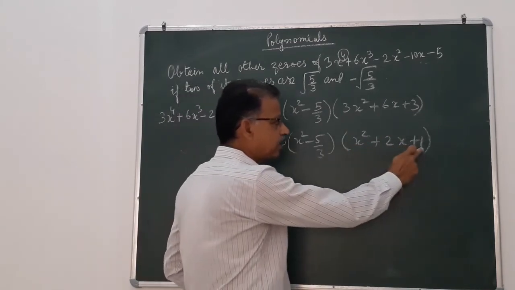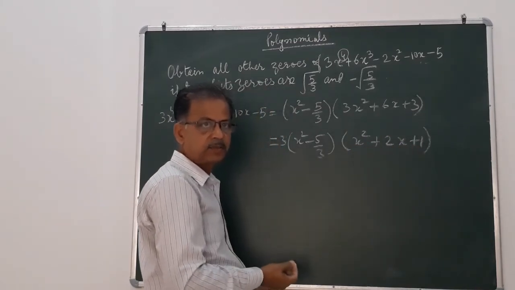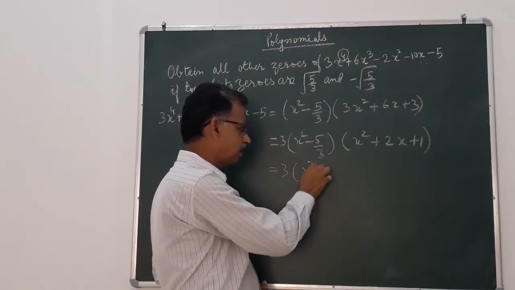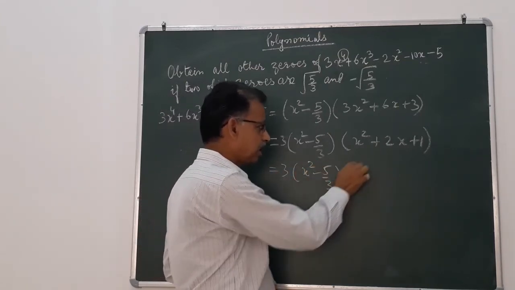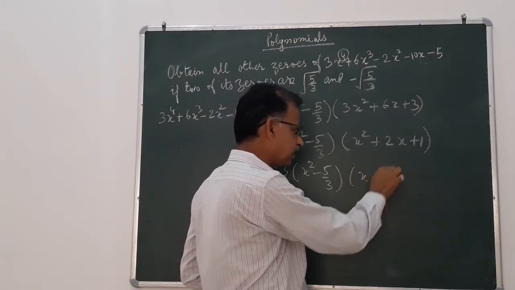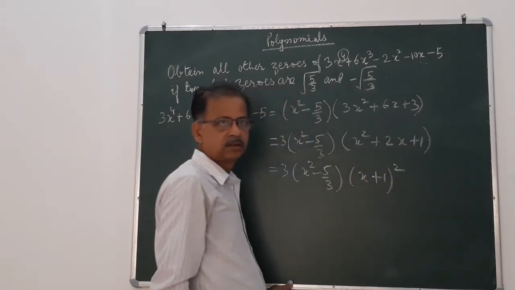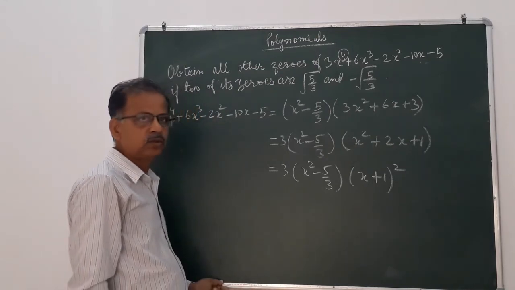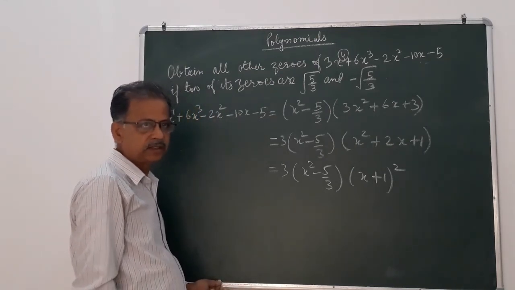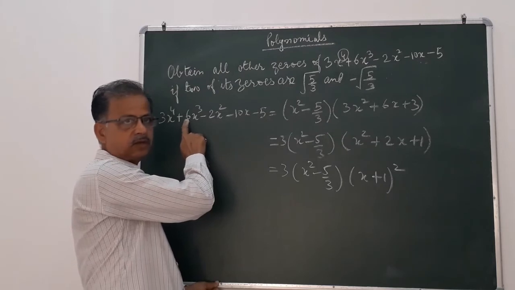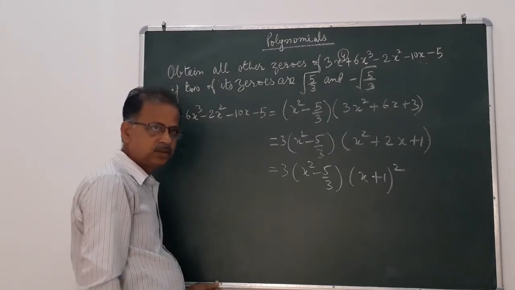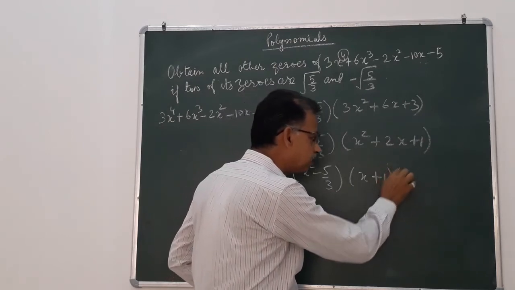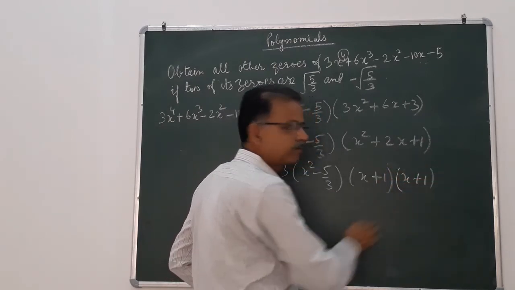So we can factorize by splitting the middle term, or we can write it as x plus 1 whole square. Now we want to find those values of x for which given polynomial is 0. Now x plus 1 whole square means x plus 1 into x plus 1.